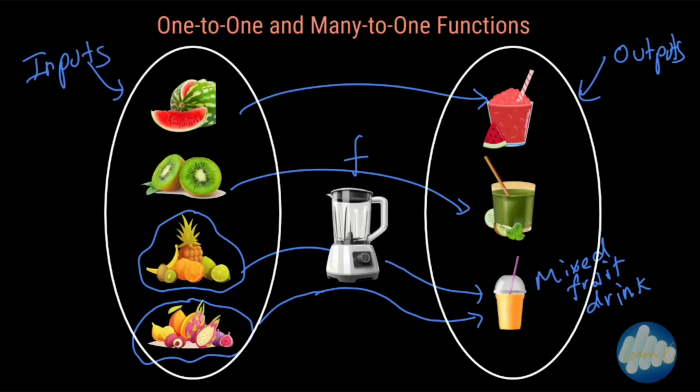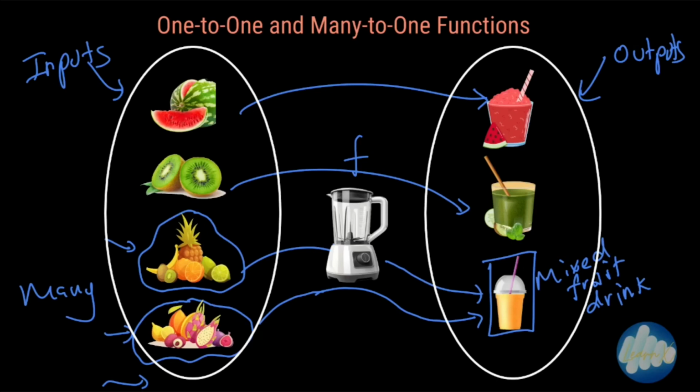So what has happened here? You've got one input, two inputs, or you could have many other combinations, many inputs that map onto this one output, which is a mixed fruit drink. That sort of relation is what we call a many-to-one relationship. So you can have both of these, one-to-one and many-to-one relationships, in functions.